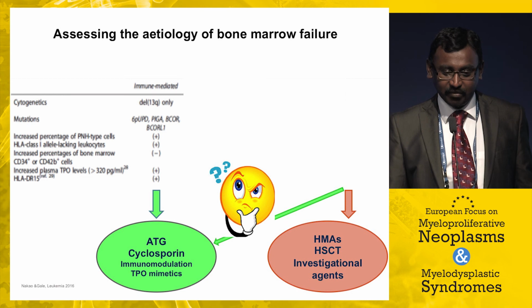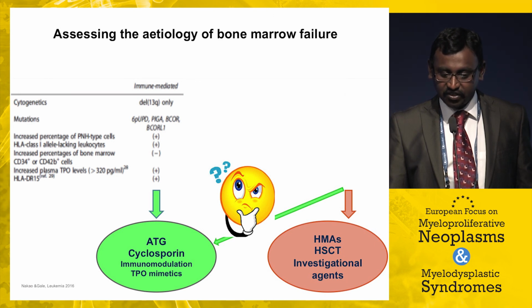Do you think it's immune-mediated? Is this because of all these abnormalities like del13q or PIGA or other TPO levels? Then you treat them with immunomodulation. Do you think it's a pre-leukemic clone due to these mutations or del7q? Still, you can think of treating them with immunomodulatory agents, but can you use early transplant, investigational agents and hypomethylating agents?